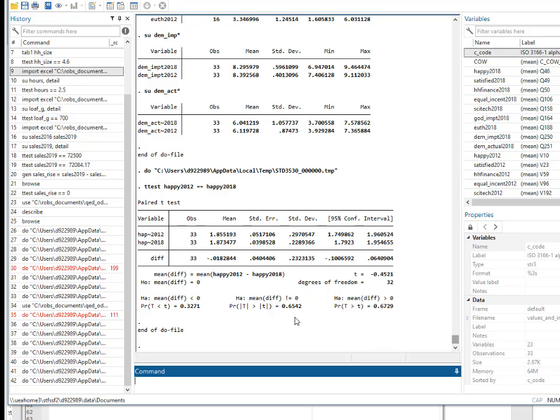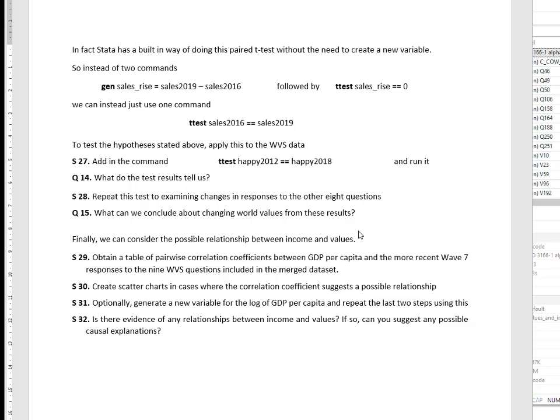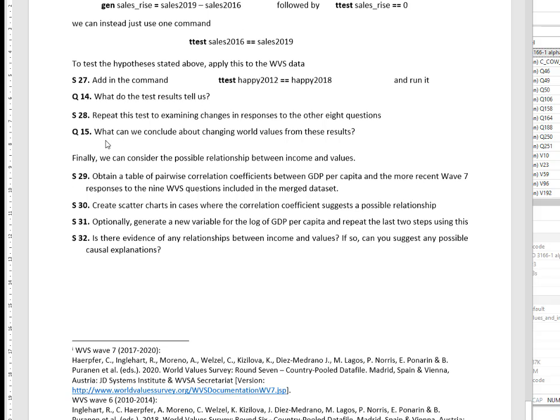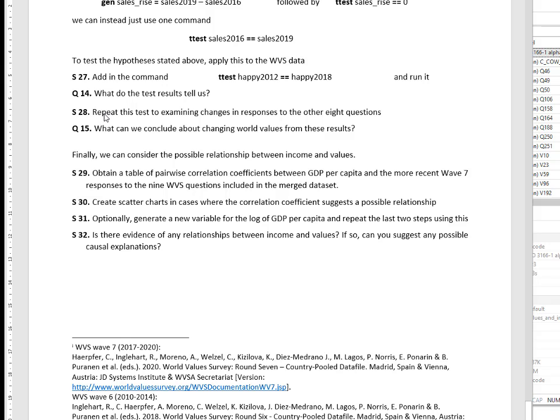There's no evidence at all here that responses to the happiness question have changed. So the test results tell us that we can't be at all sure that there's been a change in happiness values.